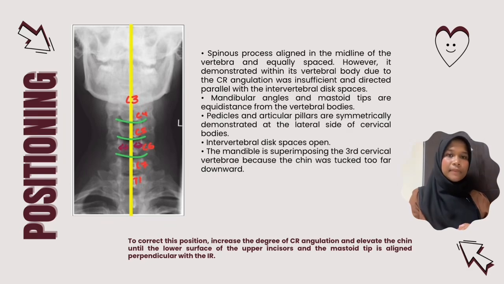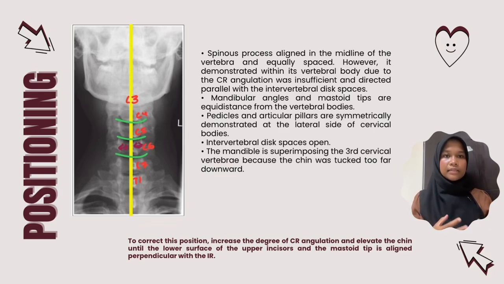The second one is mandibular angles and mastoid are equidistant from the vertebral bodies. The third one is pedicle and articular pillars are symmetrical, demonstrated at the lateral side of the cervical bodies. Next is the intervertebral disc space opens. Next is the mandible is superimposed with the third cervical vertebrae because the chin was tucked too far downward.